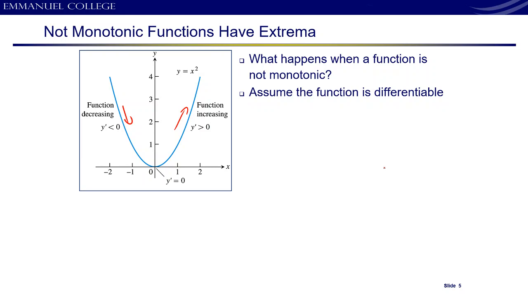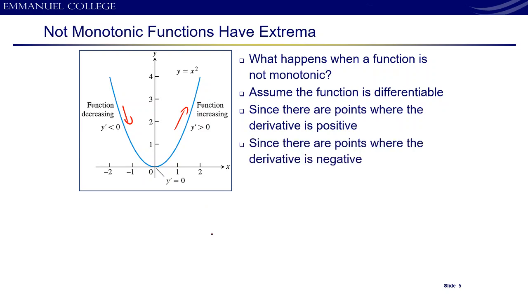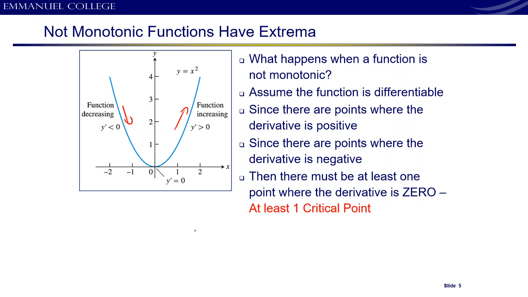So it goes increasing, stops at exactly one point, and then goes back to increasing. But most of the time, you want to assume the function is differentiable. So since there are points where the derivative is positive, and there are points where the derivative is negative, there's got to be at least one point where the derivative is 0. And remember, those are our critical points of the equation.